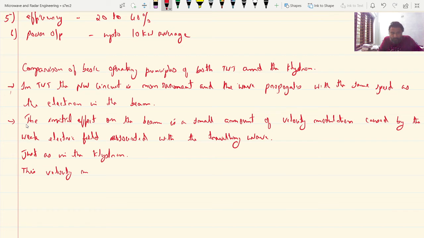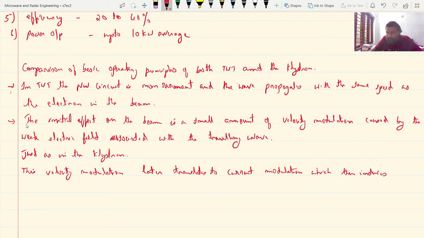So this velocity modulation later translates to current modulation, which then induces an RF current in the circuit, causing amplification. Clear?